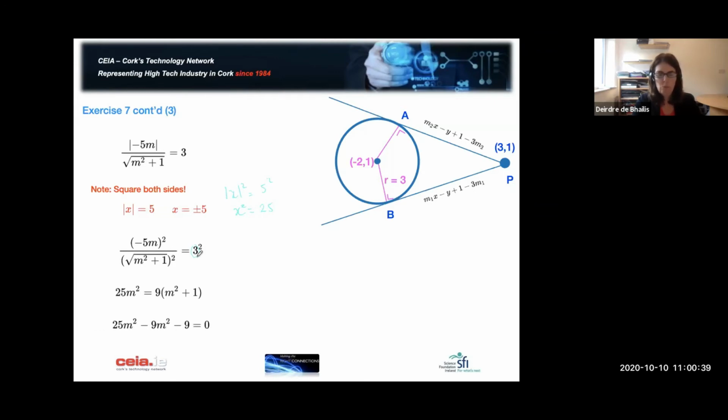And when I work that down and bring everything over to the left-hand side, I see again that I have a quadratic equation. But this quadratic equation tidies to 16m squared minus 9 equals 0.